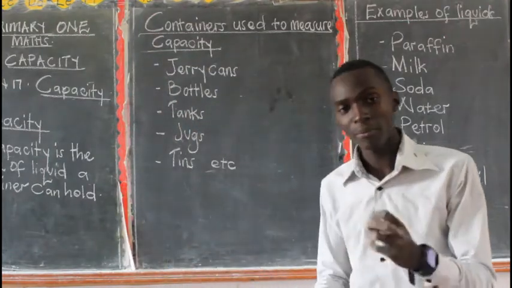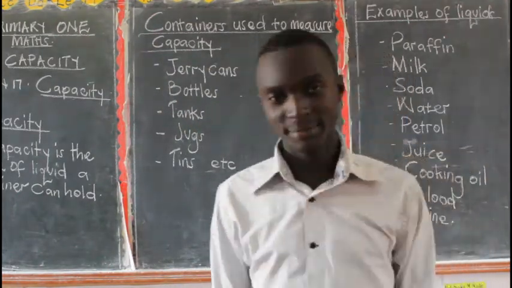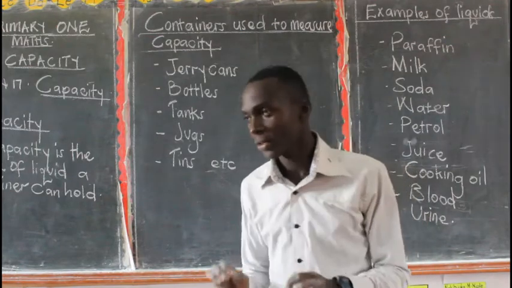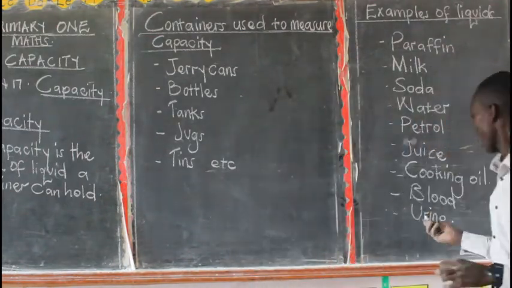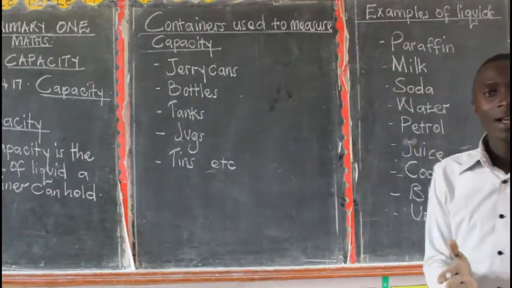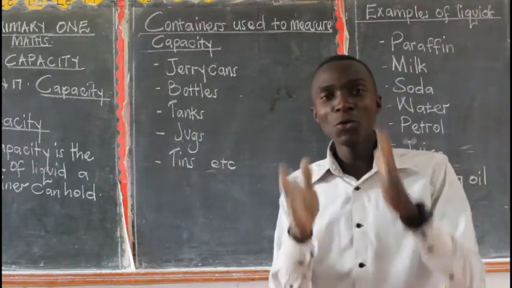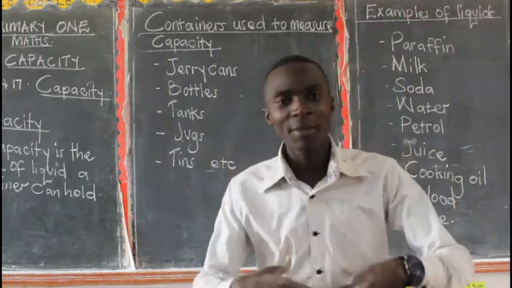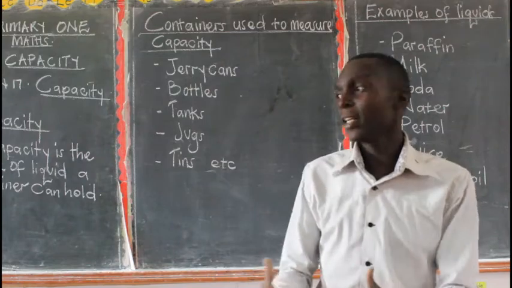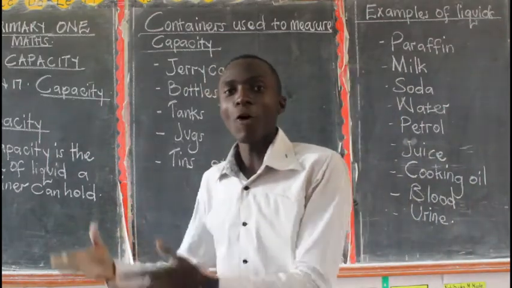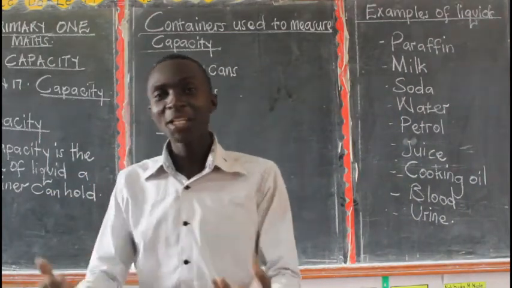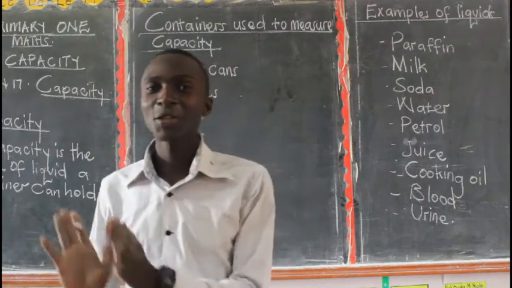So that's what you call blood. It is colored red. Another one is urine. Urine comes from you. It can also come from me. You go and ease yourself for a short call. Urine is for a short call, not for a long call.